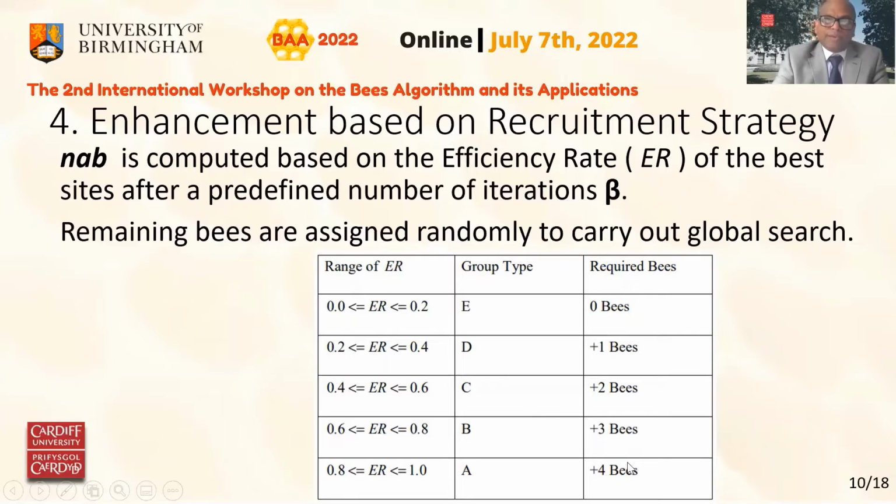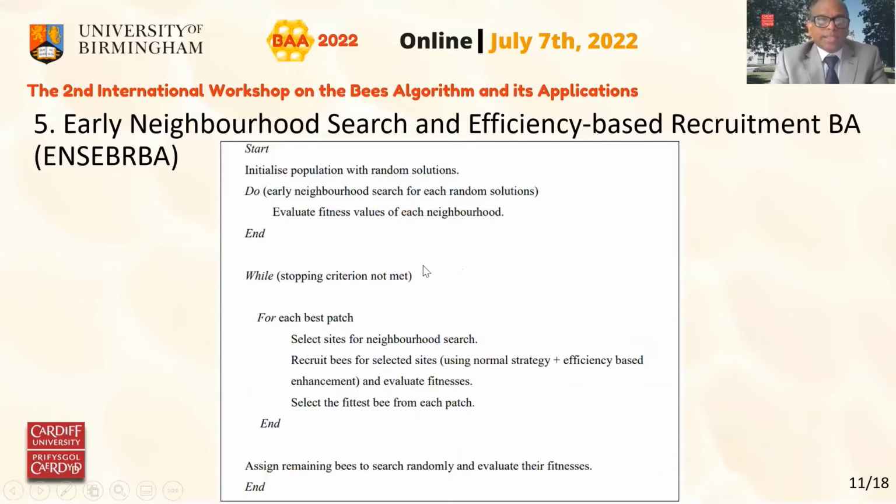So this will give a dynamic way of recruiting more bees based on the efficiency of the site. Okay, so the early neighborhood search and efficiency-based recruitment both combined together. This is the way the algorithm will work. It will kickstart the search process by finding the slightly promising patches.